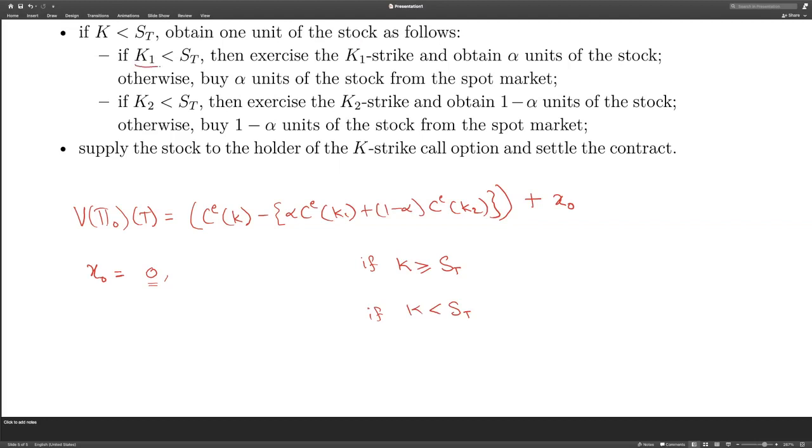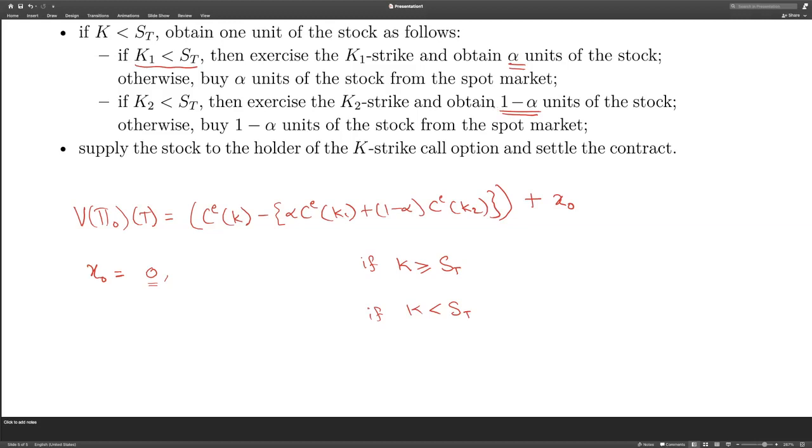If K1 is less than ST. See, if you recall, you have gone long in both K1 strike call option as well as K2 strike call option with units alpha and 1 minus alpha respectively, right? That is what you have made the trade with K1 and K2 call options.